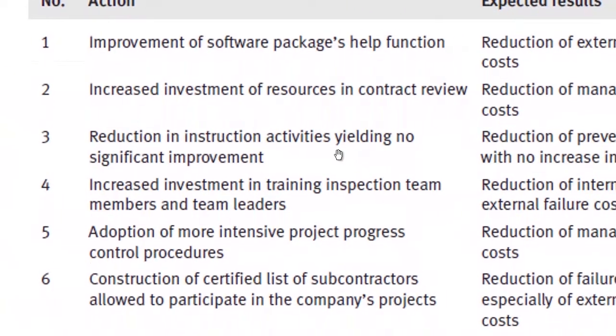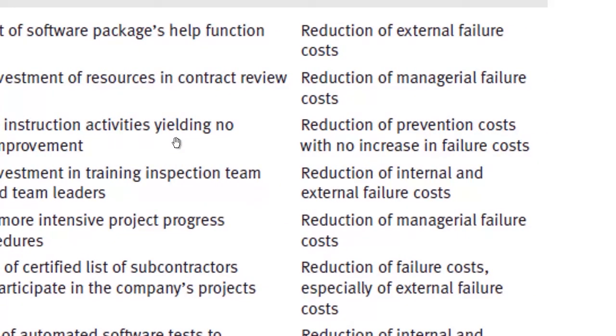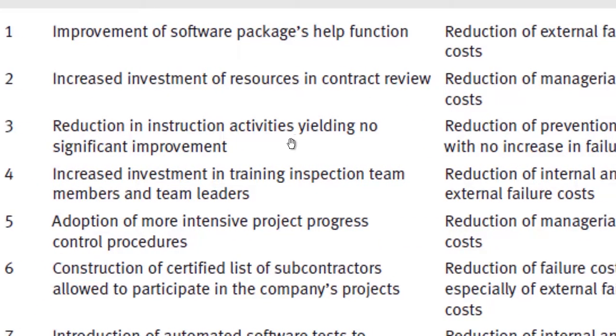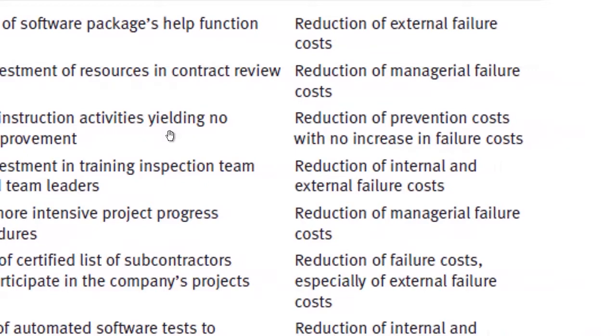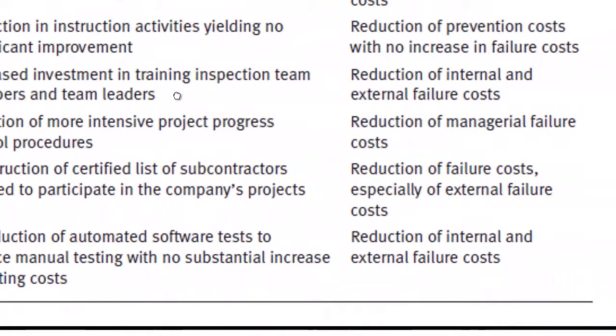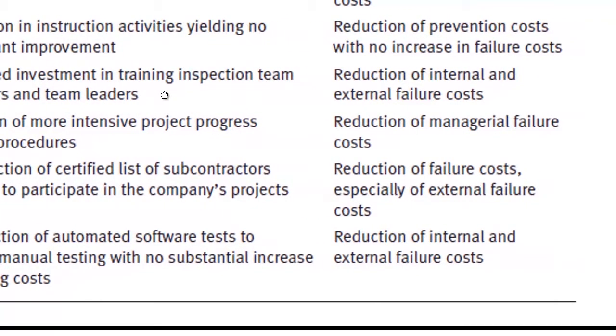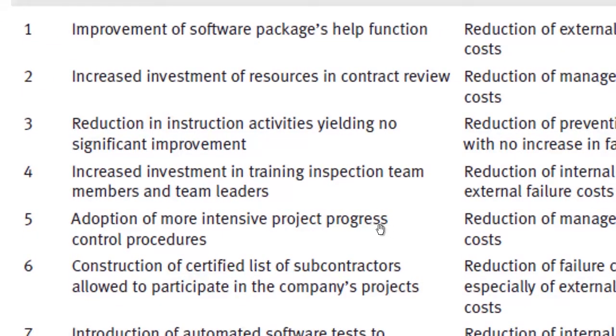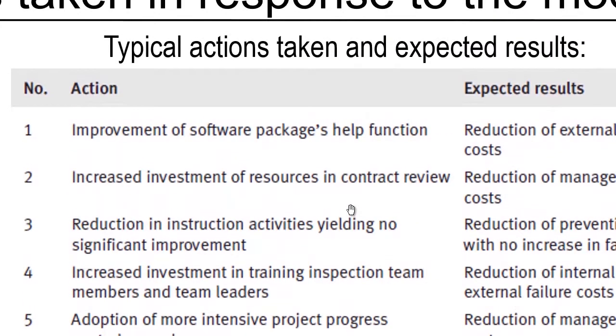Fifth action, reduction of managerial failure costs. Sixth action, reduction of failure costs, especially external failure costs. Seventh action, reduction of internal and external failure costs. So, these are the actions that have to be taken.